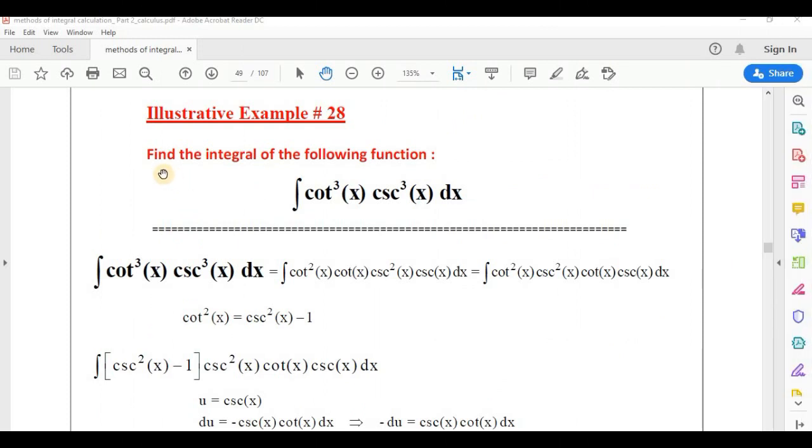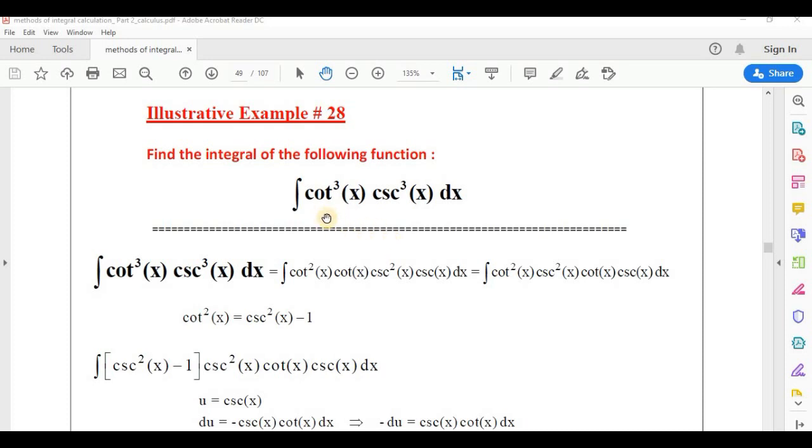We have this example. Find the integral of the following function: integral cotan to the power 3 multiply cosec to the power 3 x dx. How will we solve this integral? We notice that all the powers are odd, so the integral will be solved by substitution method.